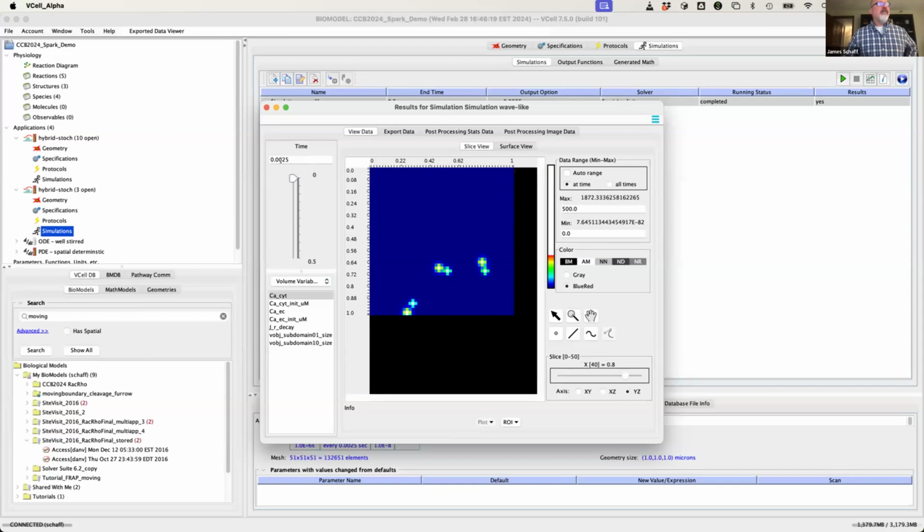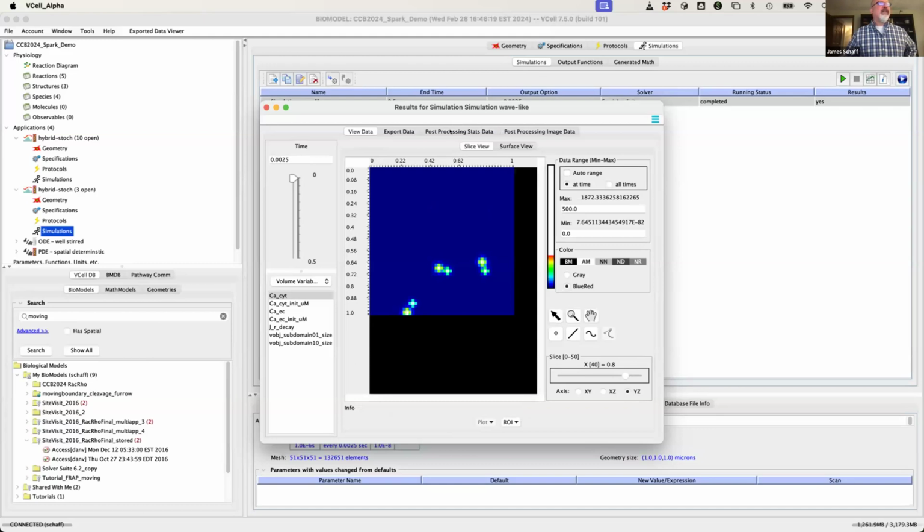And after even 2.5 milliseconds, we get some very high local concentration of calcium. Now, don't shame me by using the wrong numbers. They're very high. I probably made them too high, but they're much higher than the surrounding area.